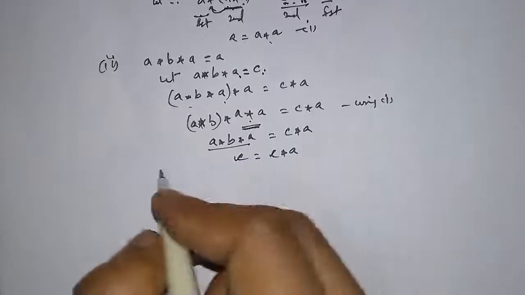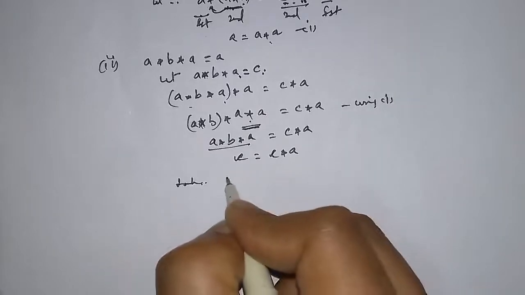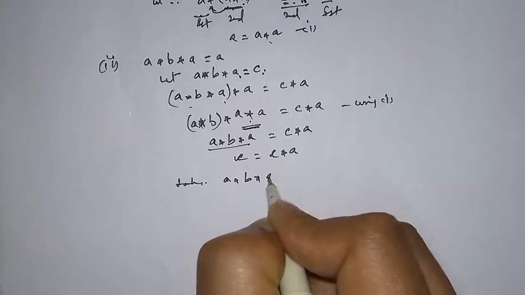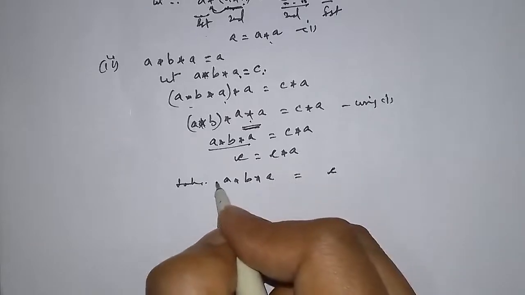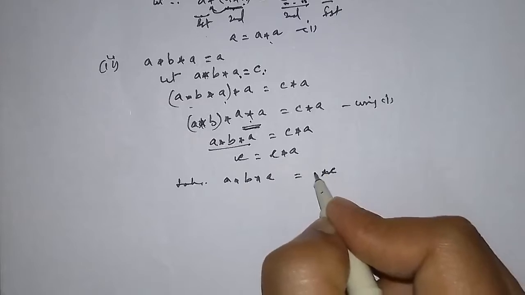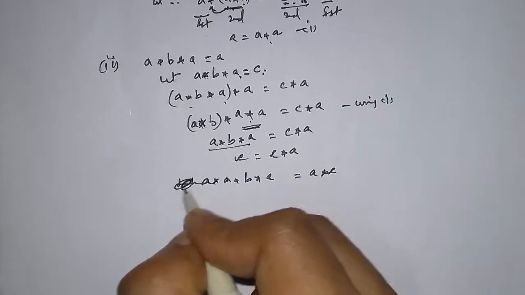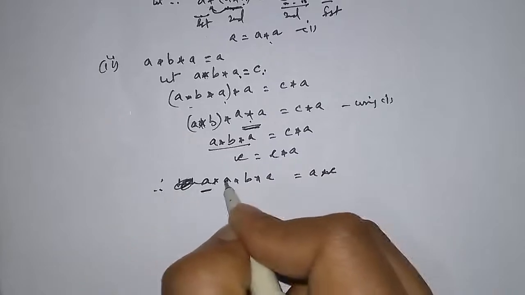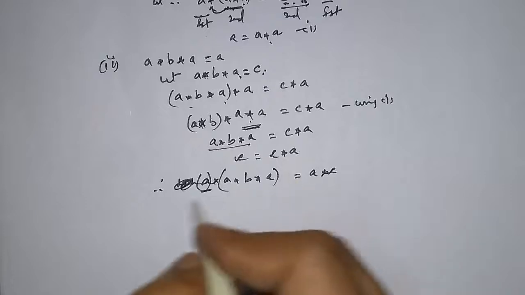Now again, taken A star B star A is equal to C. Now we will multiply A on the LHS. On the LHS, A star (A star B star A).